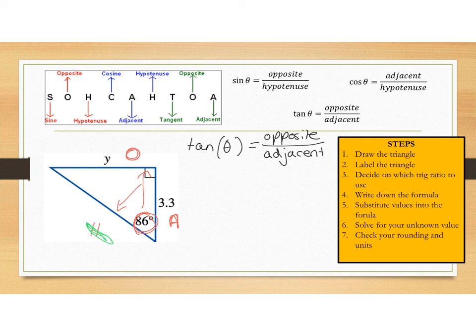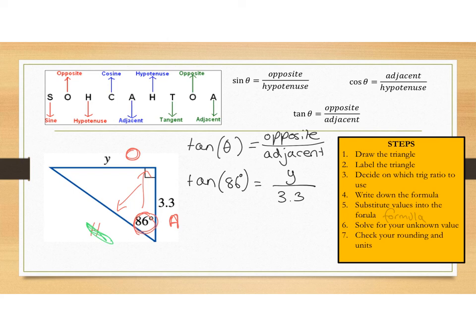So substitute the values into the formula. I've got tan of 86 degrees is equal to my opposite, which is y, over my adjacent, 3.3.